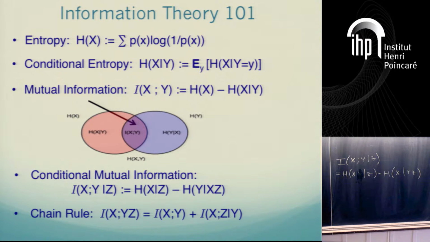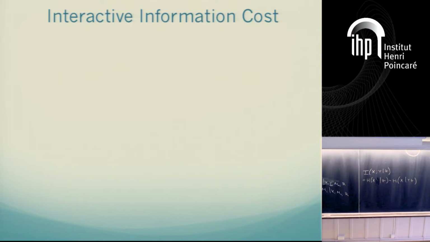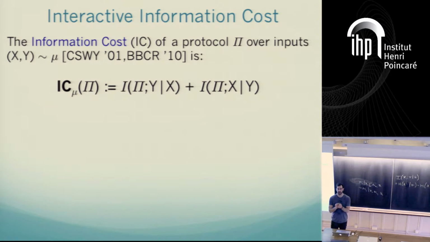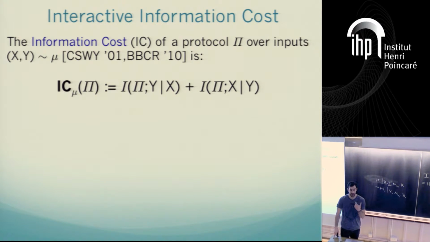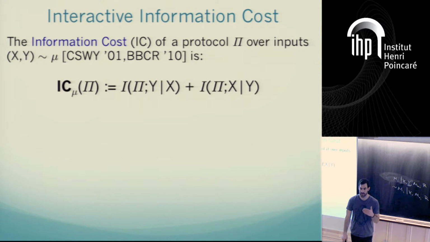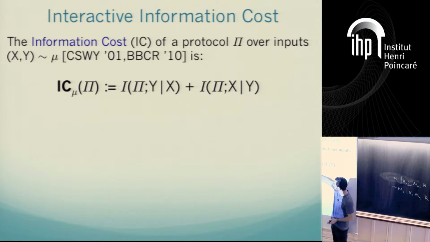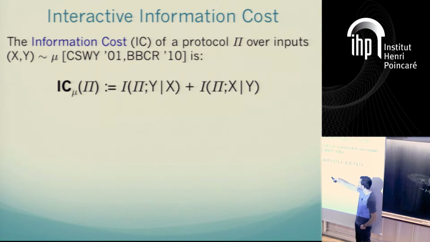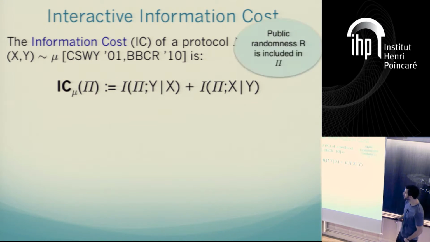yeah, these are all the tools we will need, and we can now define the information cost of a protocol pi. So remember, in this terminology, we can always view a protocol pi, the transcript, as just a random variable of the joint input distribution X and Y, right? So when we treat pi as a random variable, we can define formally the information cost of a protocol pi with respect to mu as the amount of information that pi reveals on Alice with input X about Bob's input Y, and vice versa for Bob.